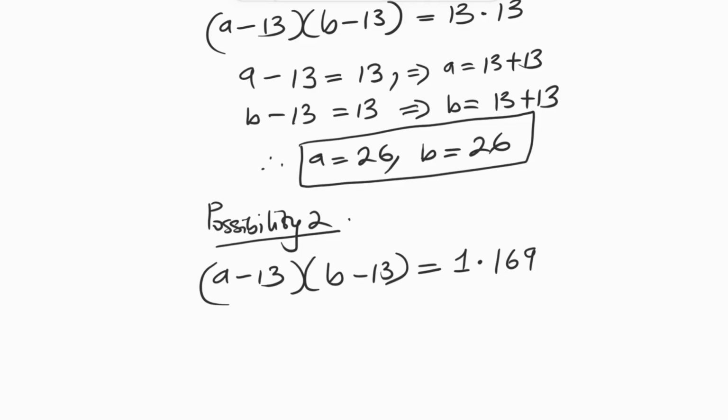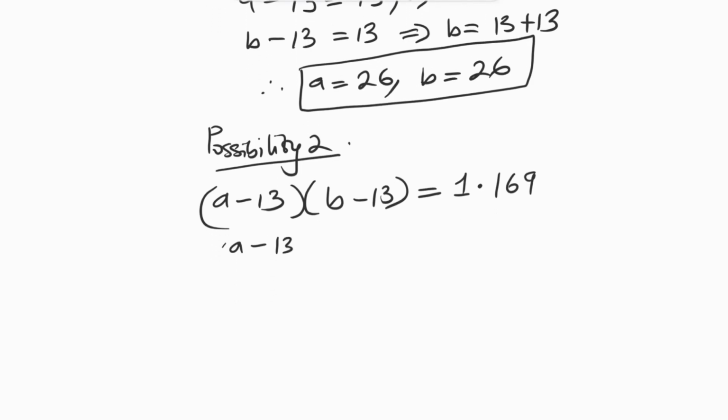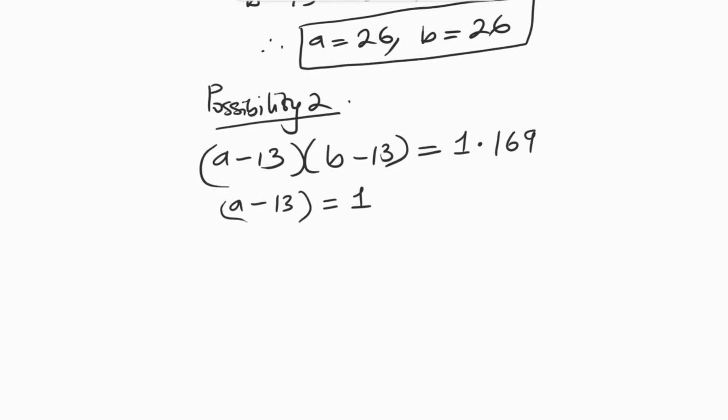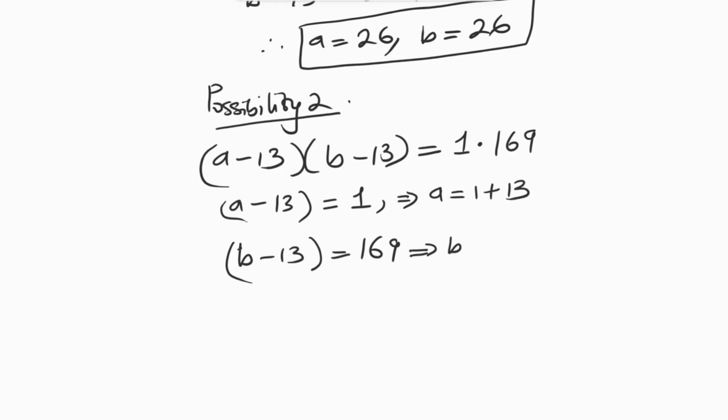So now that means we have a minus 13 equals 1, and then we have b minus 13 equals 169. And this becomes a equals 1 plus 13, and this becomes b equals 169 plus 13.